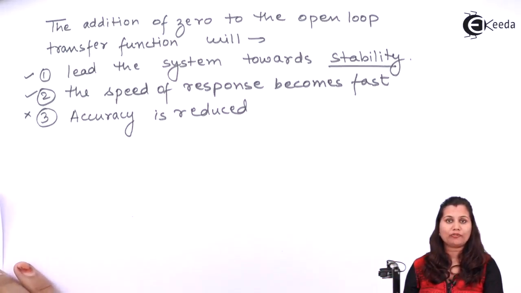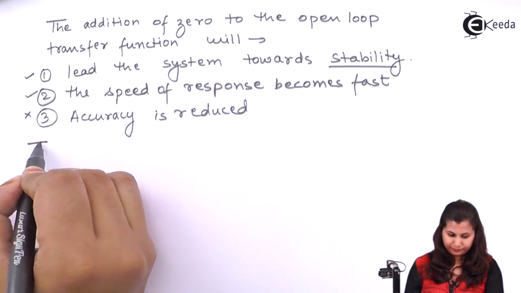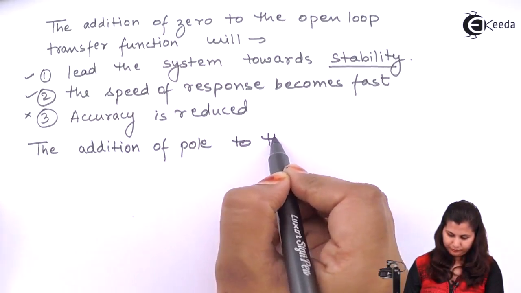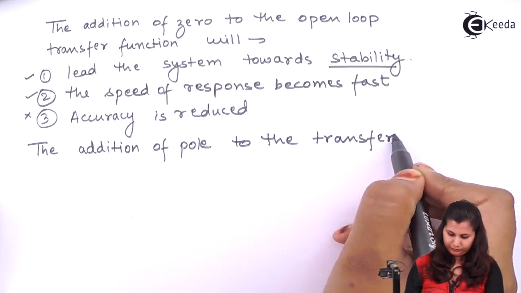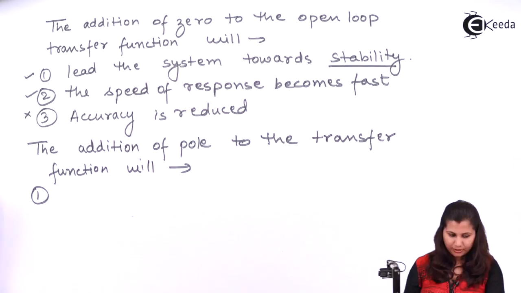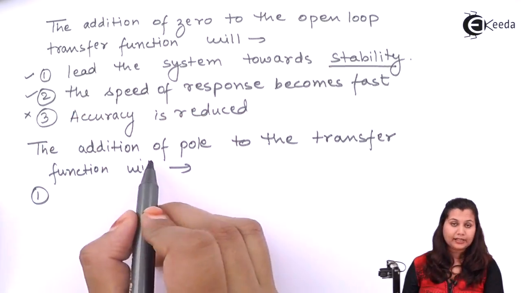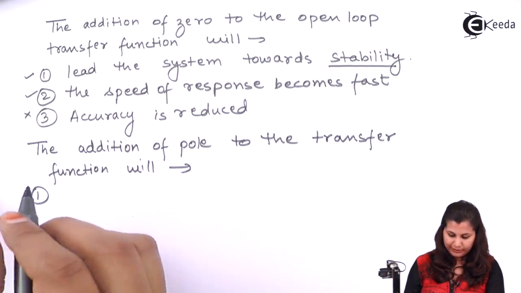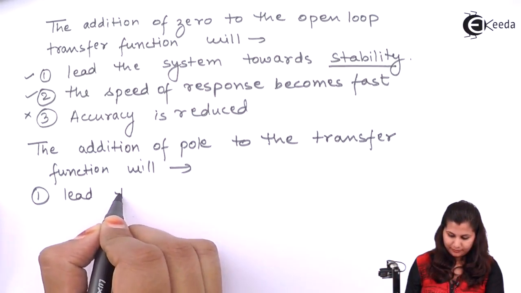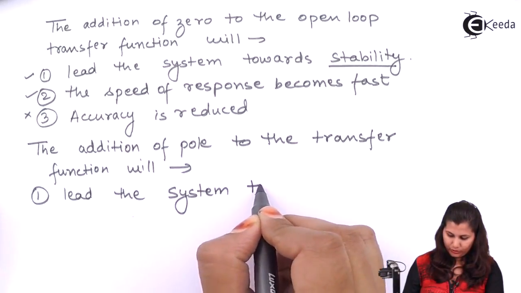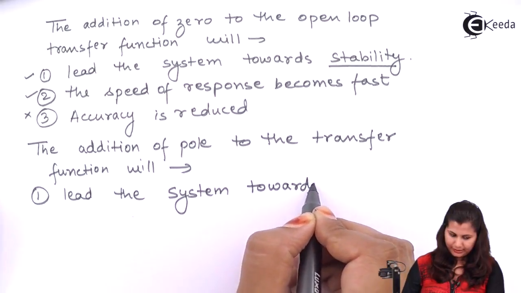Now let us see what will be the effect when we add a pole to the transfer function. First, if we add a pole, then the system becomes unstable. So it will lead the system towards instability.